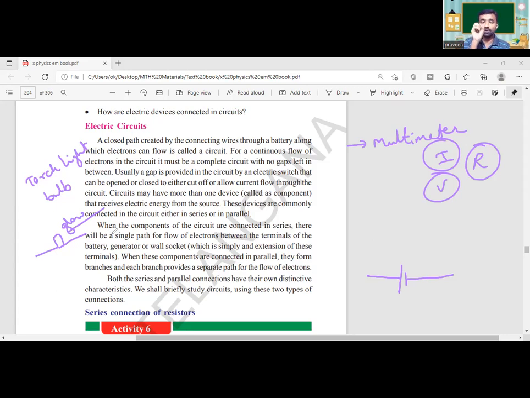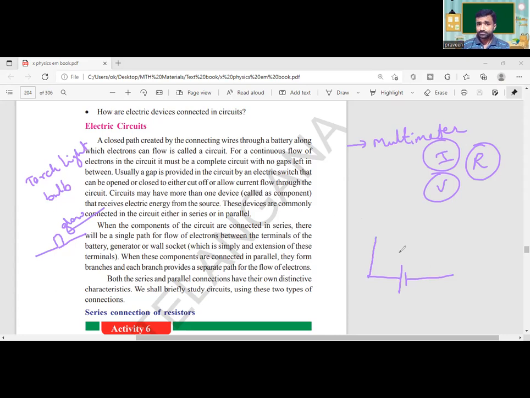Not the room bulbs, indicator bulbs. For example, in your TV remote, you have the red color indicator light, or in laser lights, you may see those red color bulbs. That type of bulb will glow for a small voltage also, right? For any small current, they can glow. So those bulbs will not work out here.